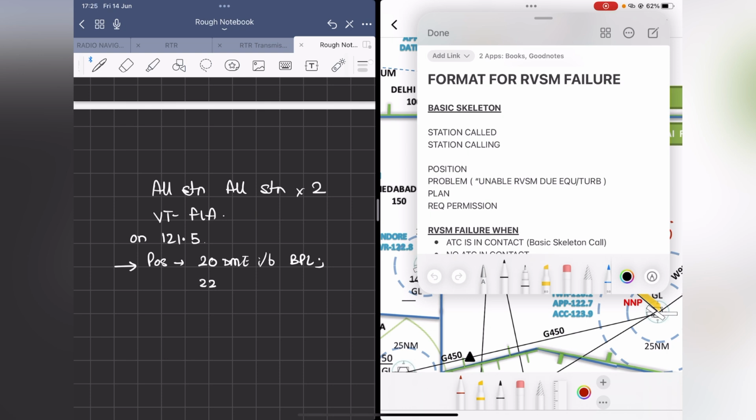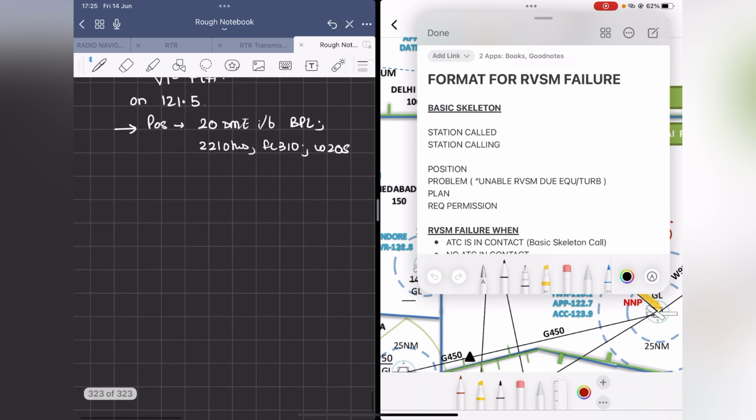At 2210 hours, flight level 310, Whiskey 20 South. What's the problem you're facing? Unable RVSM due equipment, correct? What is our intention or plan?